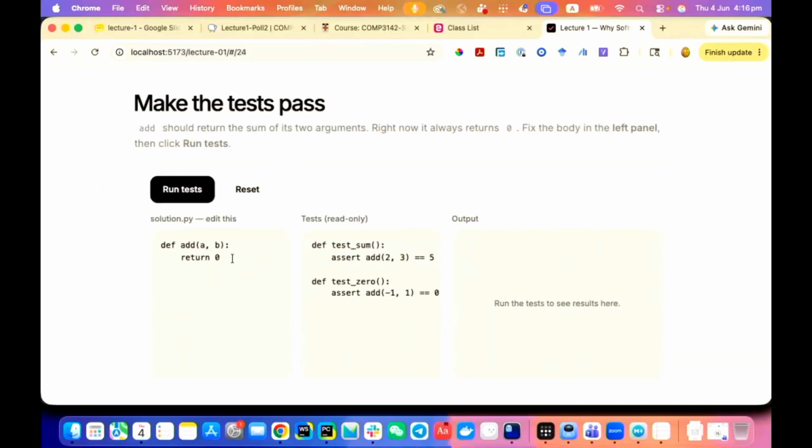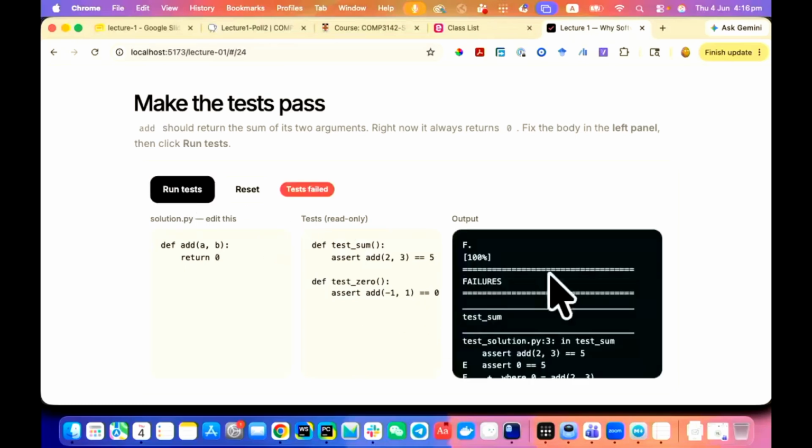As you can see, there are some Python programs here, and we can write tests for this Python program and actually run the tests inside this web-based environment. You can write Python programs inside lecture slides. That would be very cool, right?